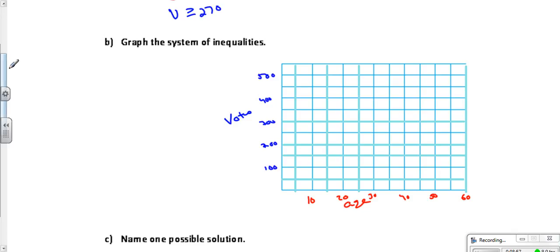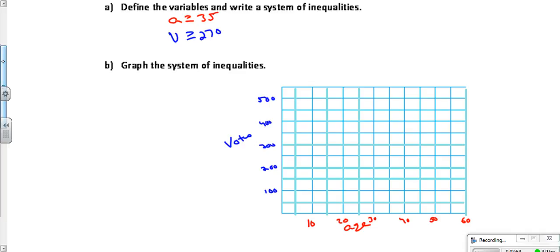So how do we graph these two? Well, first of all, A is greater than or equal to 35. Well, 35 is here. It's greater than or equal to, so I'm going to draw a solid line. Whoa, that didn't work well. Try that again. Having trouble with this here, so hang on.